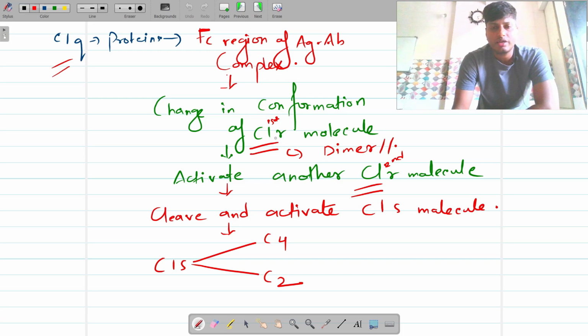Now C1R will activate another C1R molecule. As soon as the other C1R molecule is activated, it will cleave and activate the C1s molecule. Now C1s will further activate the C4 and the C2 molecules.